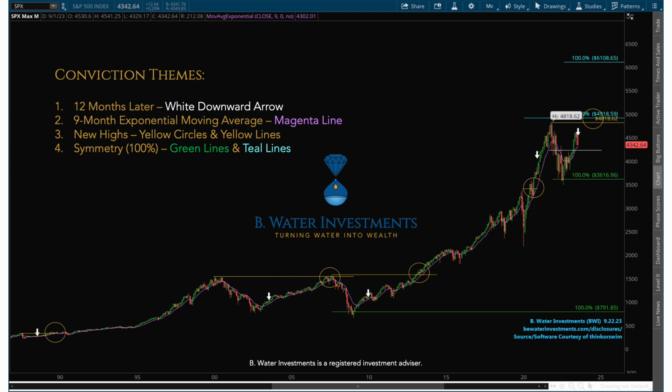Number two, we'll discuss the exponential moving average, the 9 EMA. And we'll also discuss in three, the new highs, the yellow circles, and the yellow lines. And finally, four, what symmetry looks like and what it can potentially forecast.